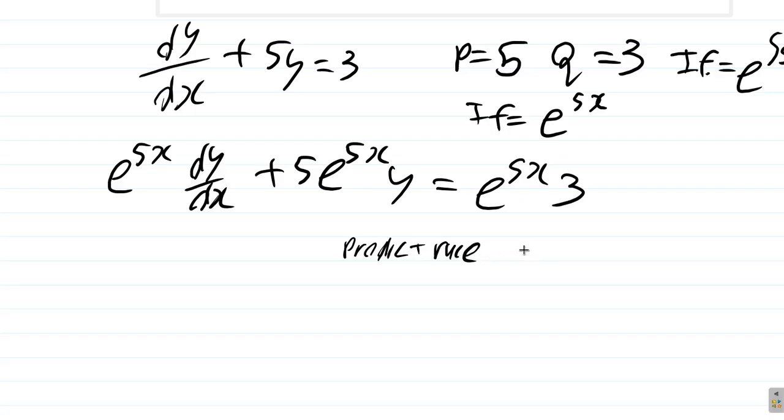If you have the derivative, I'm going to leave off the dx part, of uv, where u and v are functions of x, what you get is u times the derivative of v plus v times the derivative of u. That's the product rule.